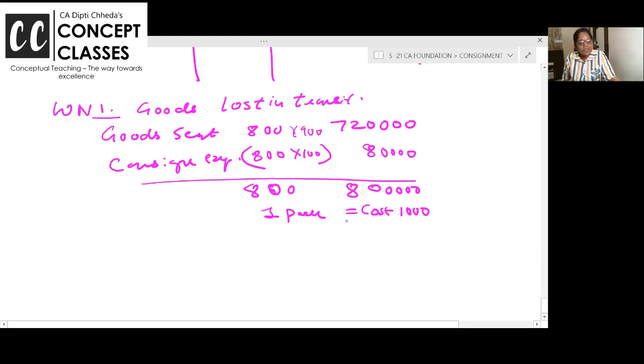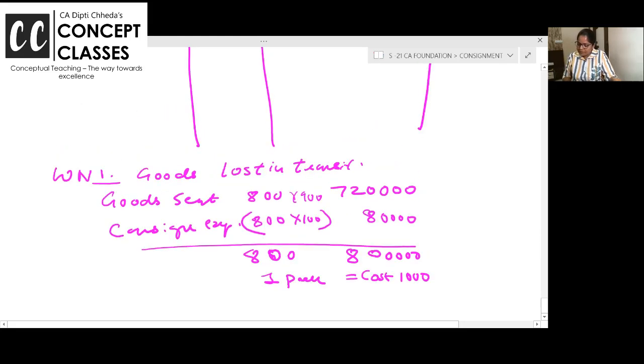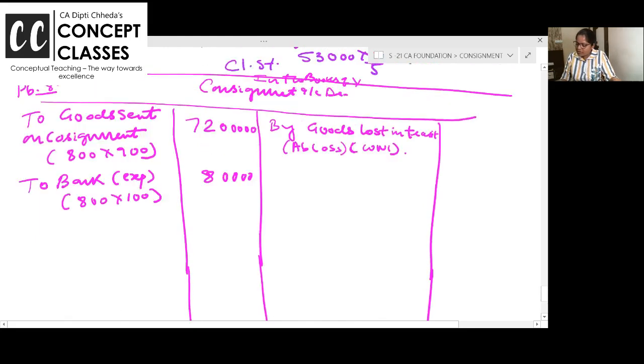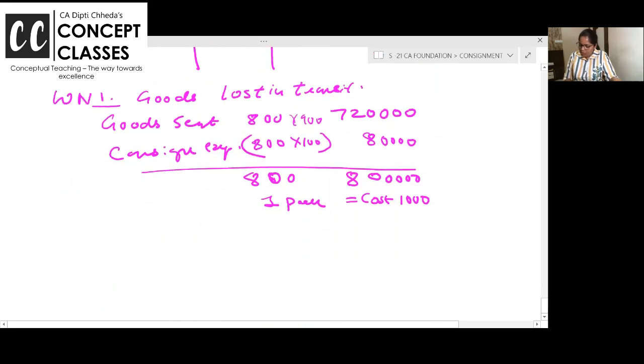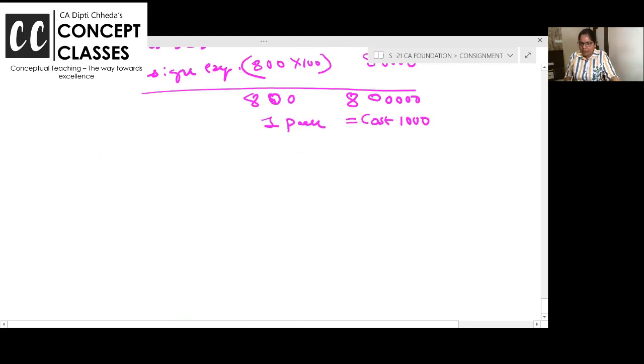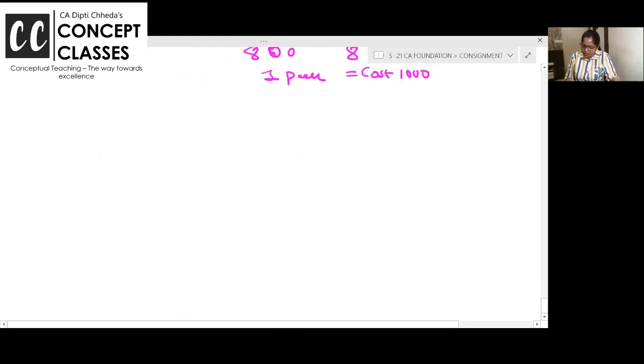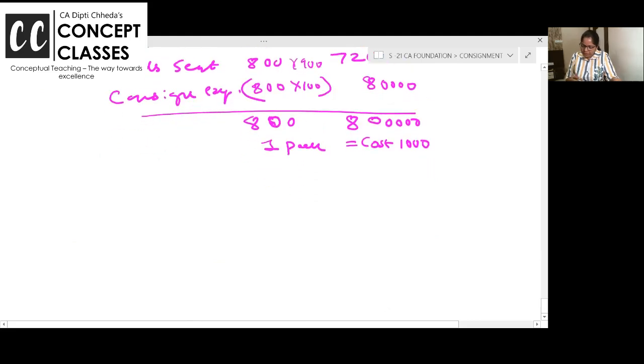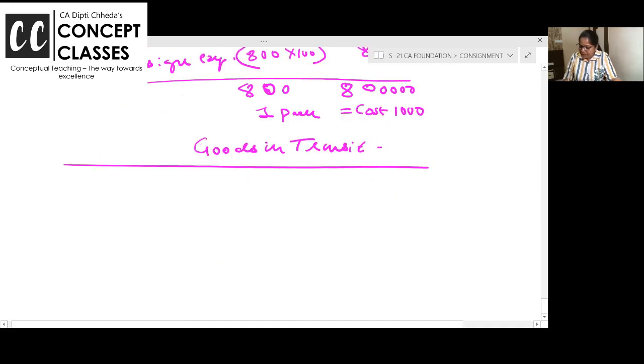So let us write it on this side, 1,000 as goods which are lost in transit. And now after this, from here we will do the closing stock working also. So just continue doing this, or we will do closing stock separately. In this, you all make the goods in transit account. Let us finish this chapter.